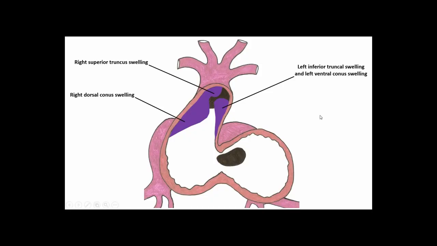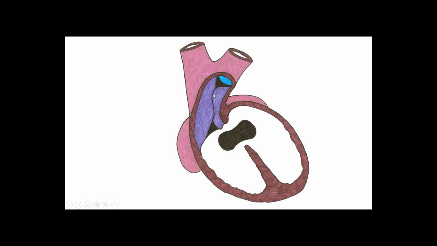Okay, so we're back to this slide, and essentially the spiraling of the aorticopulmonary septum allows blood that's coming primarily into the left ventricle to dive posteriorly and wind up in the aorta, whereas blood that's coming into the right ventricle will dive anteriorly and primarily into the pulmonary artery. And as development proceeds, that septum becomes pretty much closed off.